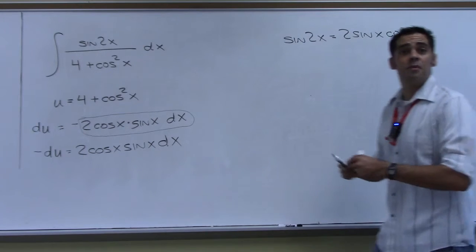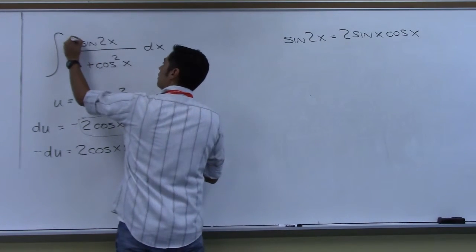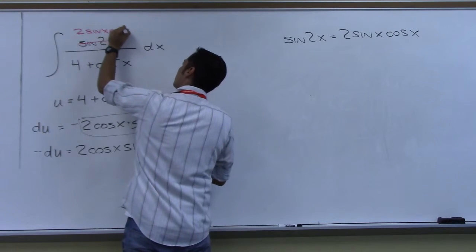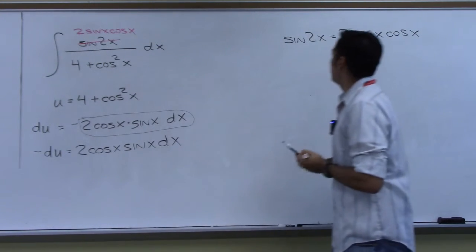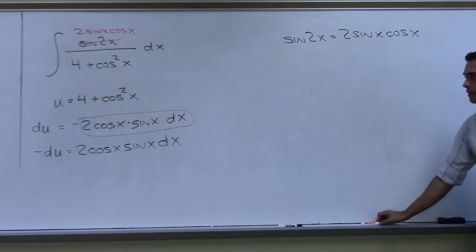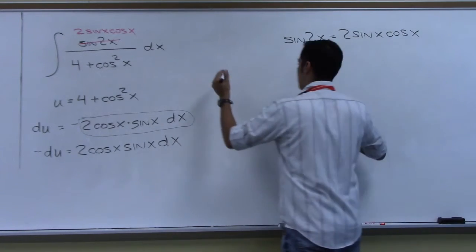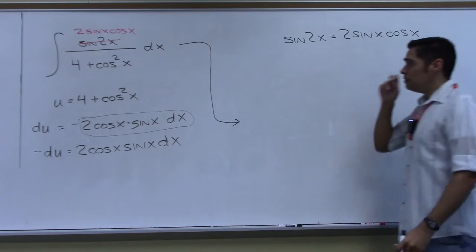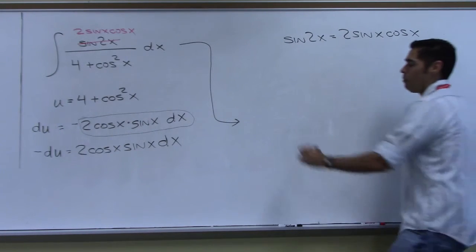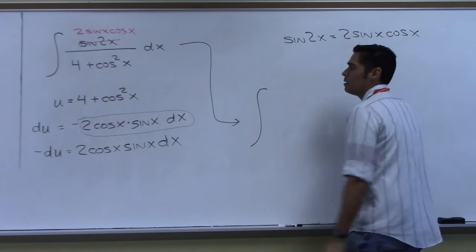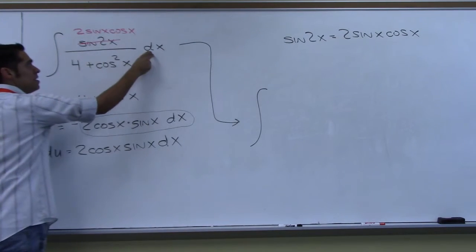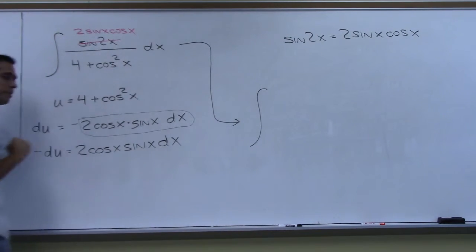I hope everyone sees what I'm saying. This right here, forget it's there and just put that there instead. And then they match up. So if that's the case, then when I rewrite this integral, the 2 sine x cosine x dx, that whole thing is going to be replaced with what?